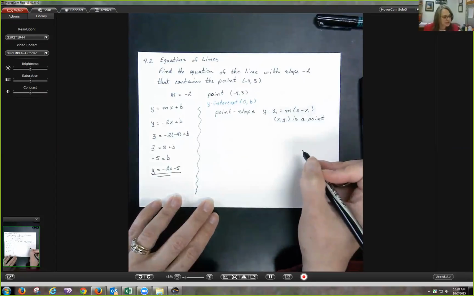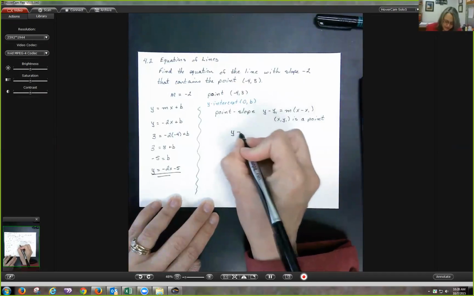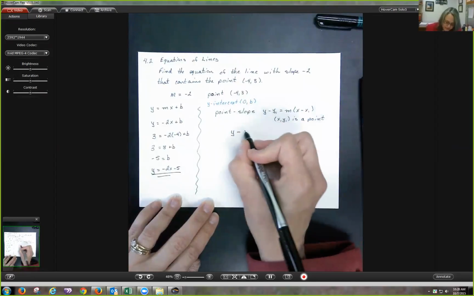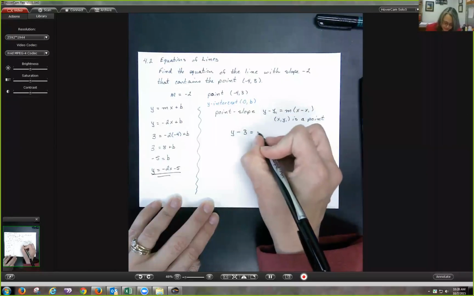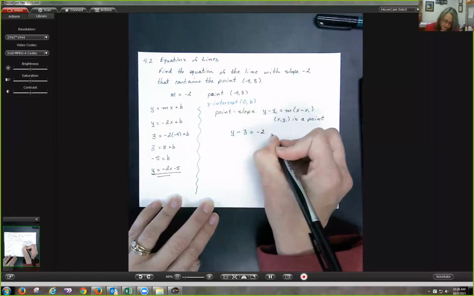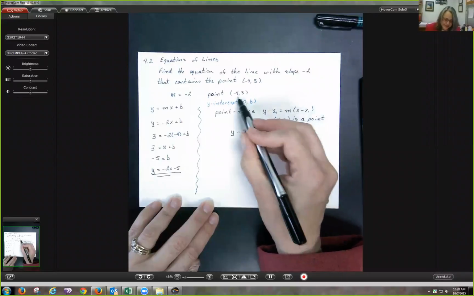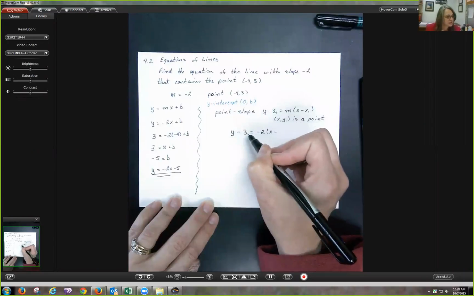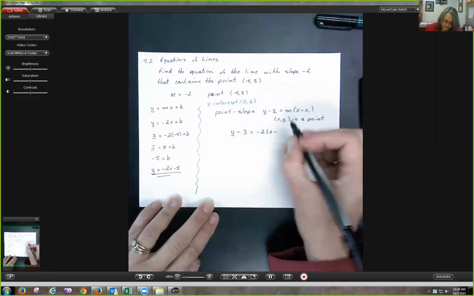So what we're going to do if we use this form is y minus the y-coordinate of some point on the line, which in this case we have is 3, equals the slope, which is -2, times x minus the x-coordinate that goes with the y that we chose. So we chose y equals 3. That means we're going to use x equals -4.